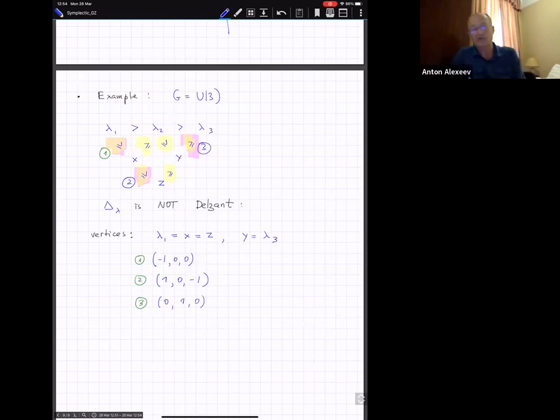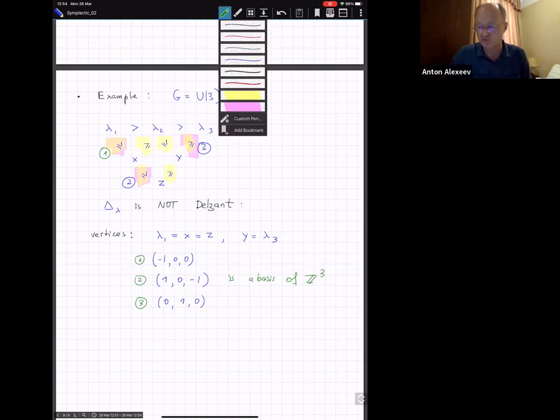Now, by inspection, we see this is a basis of Z3. So this corner of delta lambda is Gelfand, and it doesn't contradict being Gelfand.